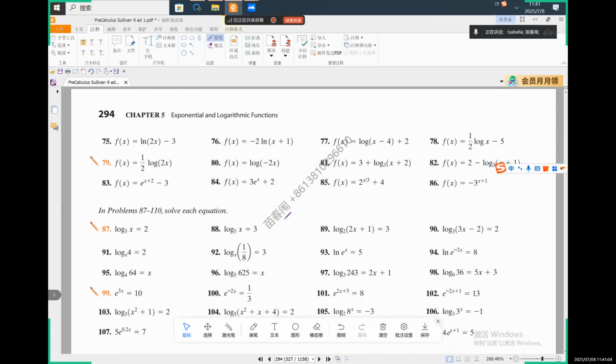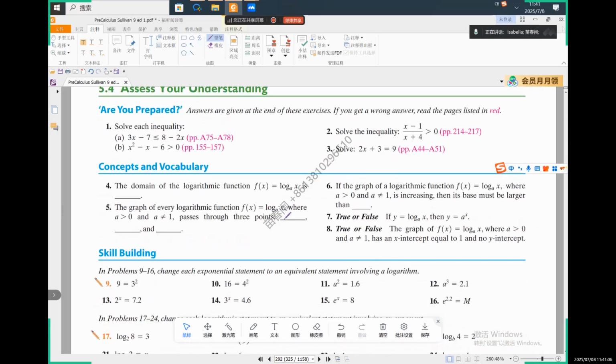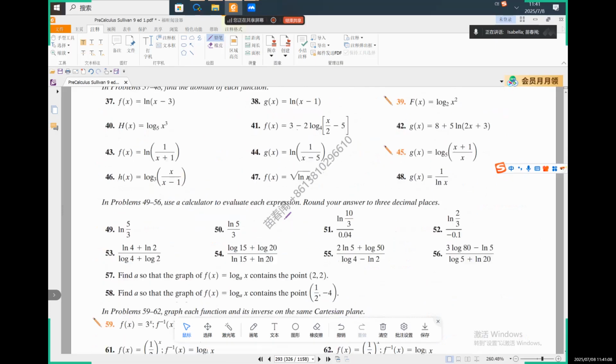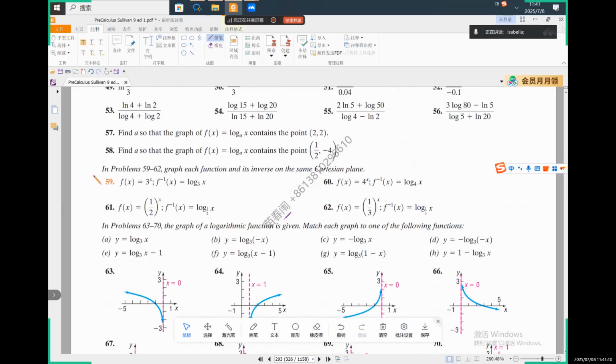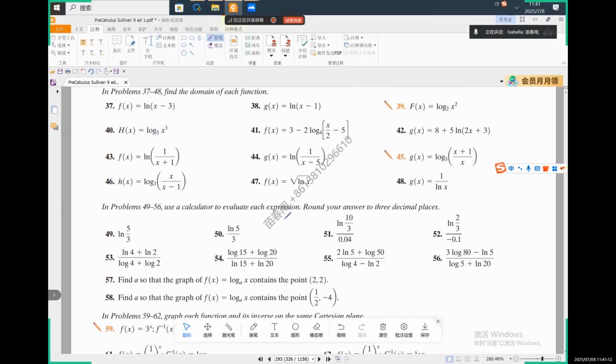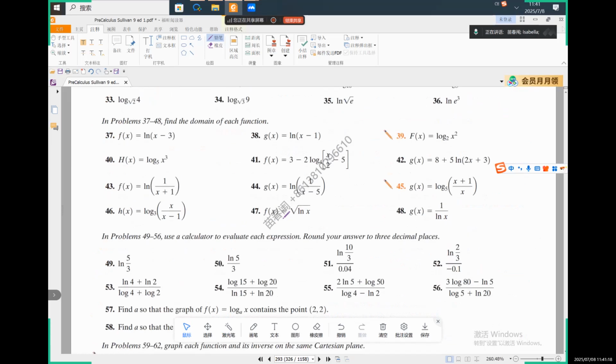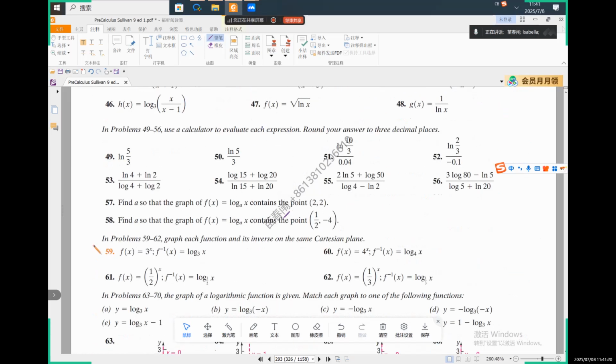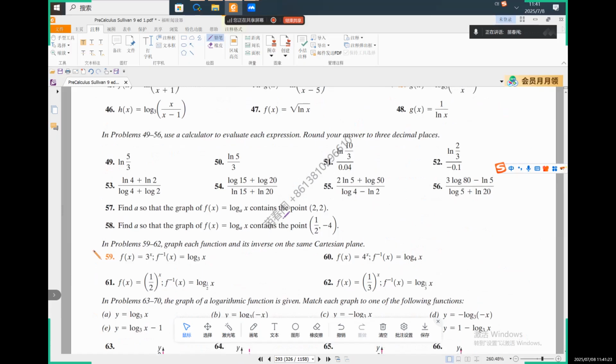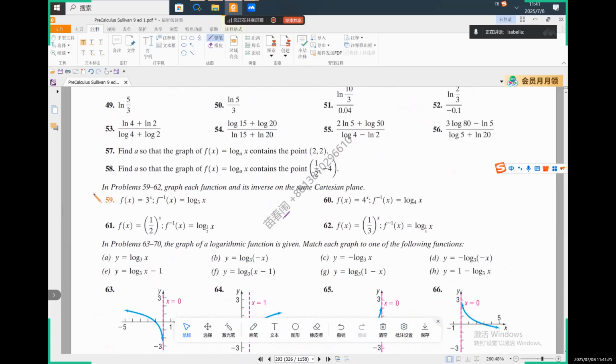And there's something on another page, 293. Which questions?